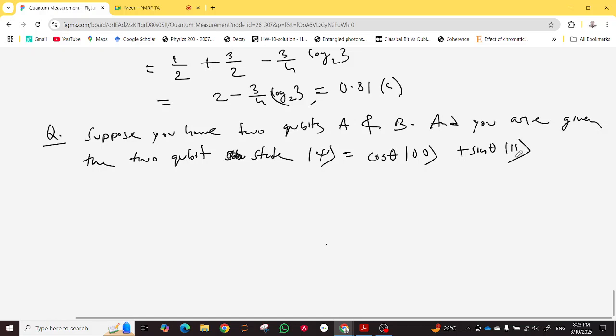Okay, this is your 2-qubit state psi. Now this is a mixed state, right? Because there is no information about whether it is cos theta or sin theta, right? There is no information about cos theta, sin theta.